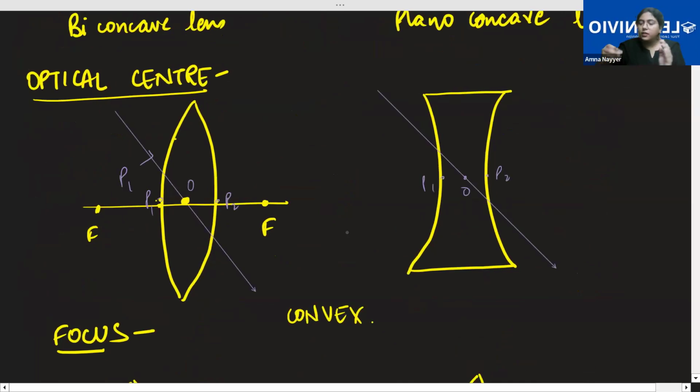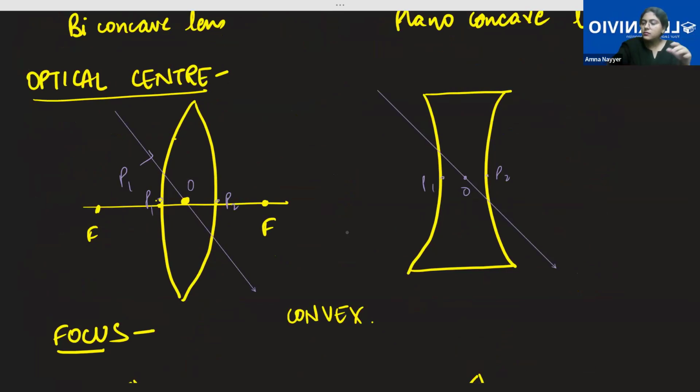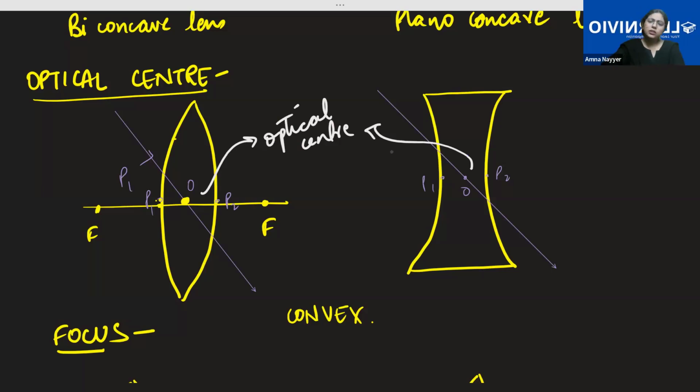Now, a few terms. When you join them, the rest of the terms are there, but you have a center of the lens as well. The center of the lens is known as the optical center. Both lenses have it.